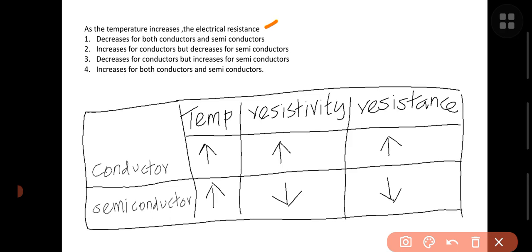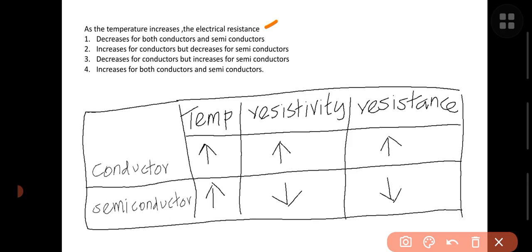Option 2, increases for conductors but decreases for semiconductors. Option 3, decreases for conductors but increases for semiconductors. Option 4, increases for both conductors and semiconductors.